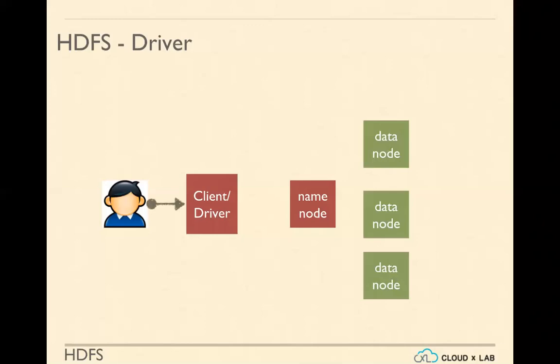When the user wants to talk to Hadoop, they use the client called Hadoop FS or HDFS DFS, or some custom program like Hue, which internally uses Hadoop FS. Now the client talks to the name node and the name node gives back the metadata.